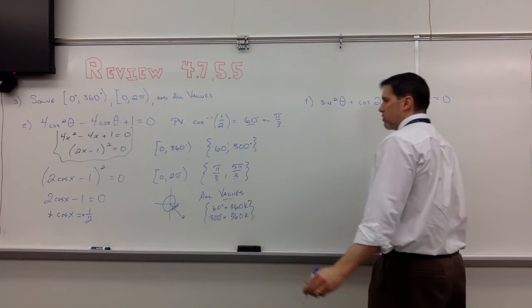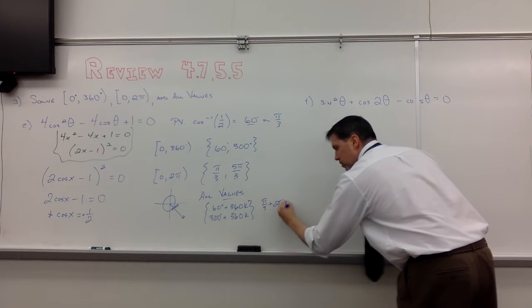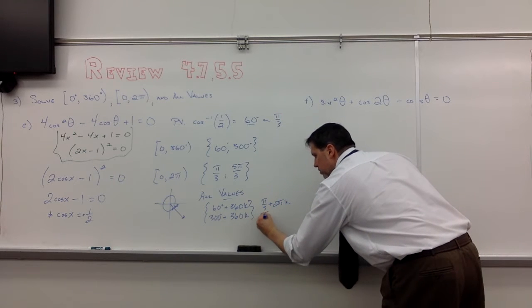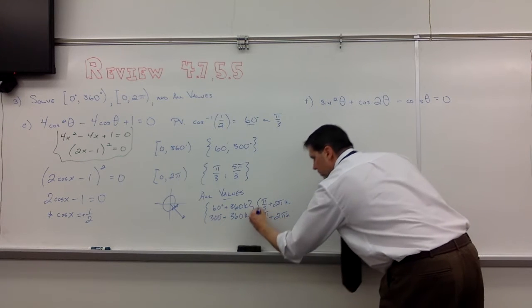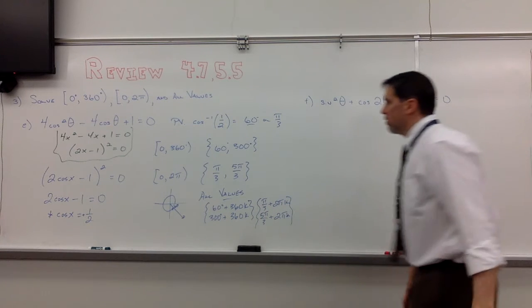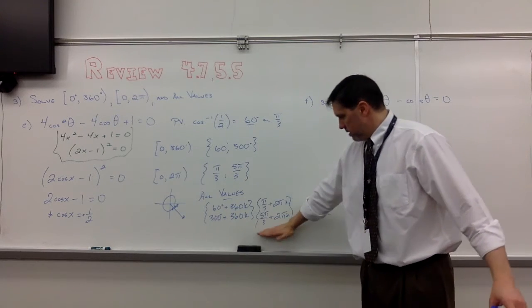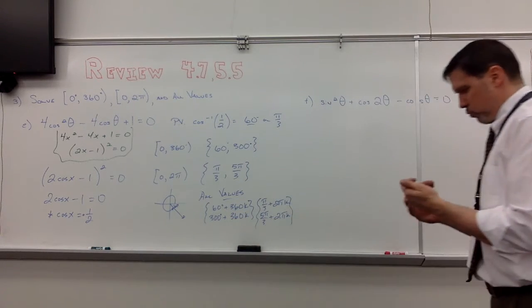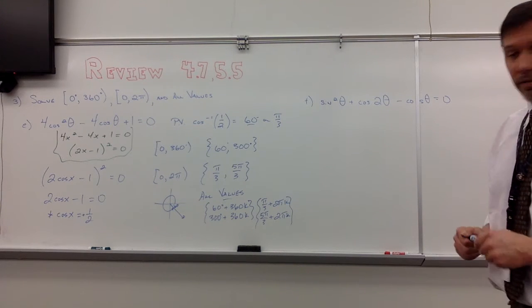Or as far as radians are concerned, we can say pi thirds plus all angles coterminal, or 5 pi thirds plus all angles coterminal. Kind of on the downswing once you get past these. There's rare times we can actually condense these, but it doesn't happen very often.